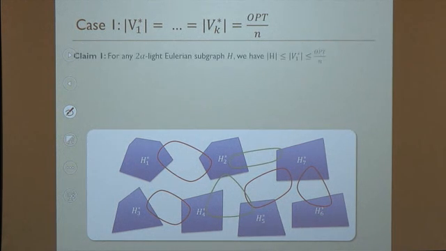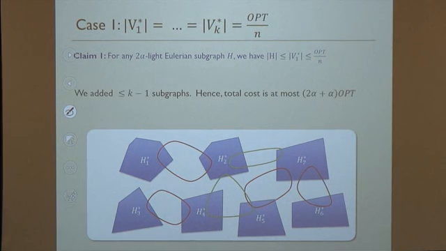But everybody, that is what we proved before, everybody has size at most V1 star, which is opt over k. We added k minus 1 many, so in this case you actually get alpha to patch things together, plus the initialization was 2 alpha. So this is a very good case, where the initialization actually resulted in even size components.